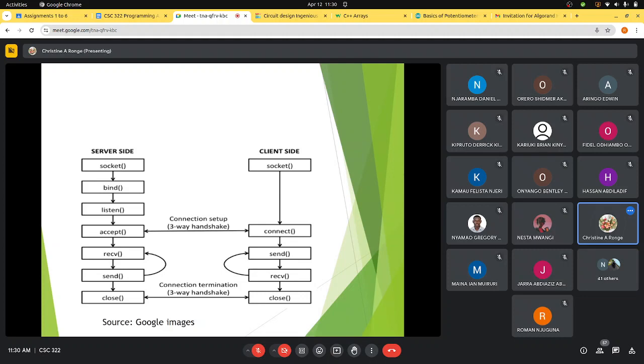Now, the symmetric connection treats the connection as a two-way channel, which it is. Remember, it's a two-way channel. The client can send and the server can send.